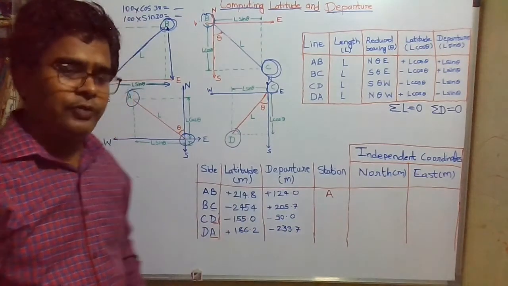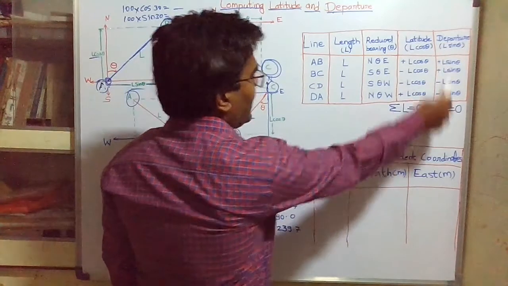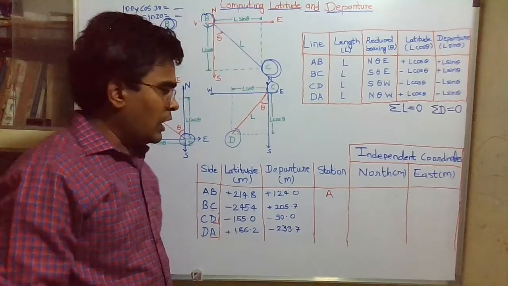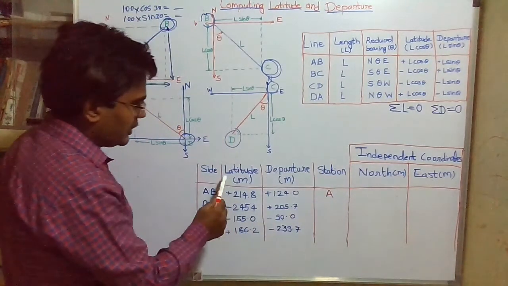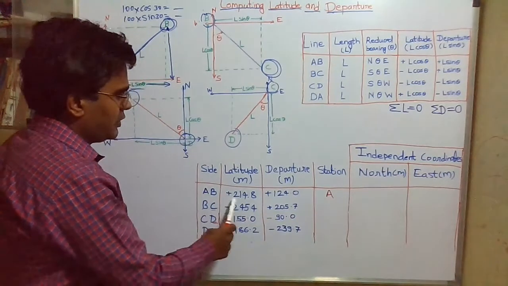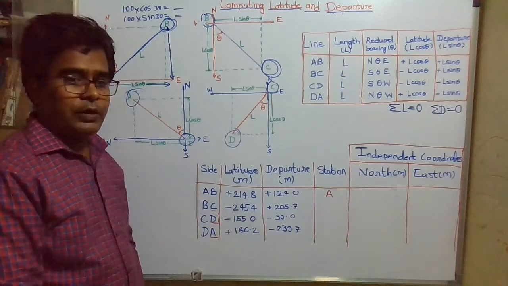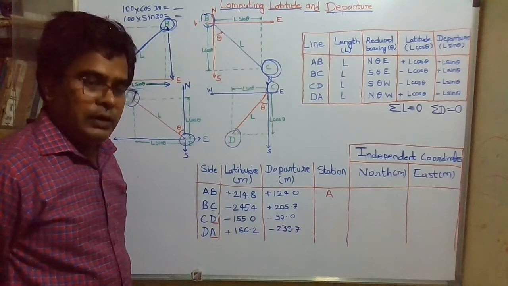By putting the values of L and theta we can calculate the latitude and departure for the various lines. For the AB, BC, CD, and DA lines, the latitudes and departures are like this. Now how to convert them to independent coordinates?